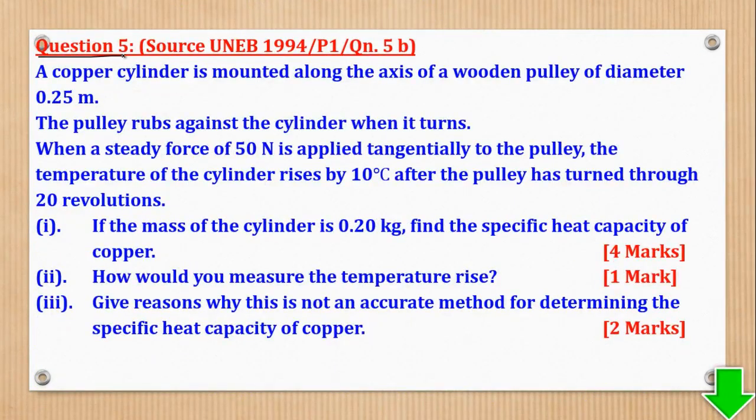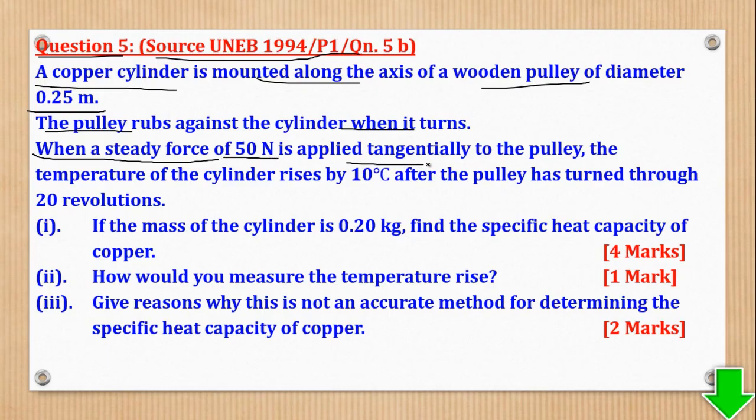So now we shall go to question 5. Question 5 came from UNEB 1994 paper 1 question 5b, and says a copper cylinder is mounted along the axis of a wooden pulley of diameter 0.25. The pulley rubs against the cylinder when it turns. When a steady force of 50 newtons is applied tangentially to the pulley, the temperature of the cylinder rises by 10 degrees Celsius after the pulley has turned through 20 revolutions.